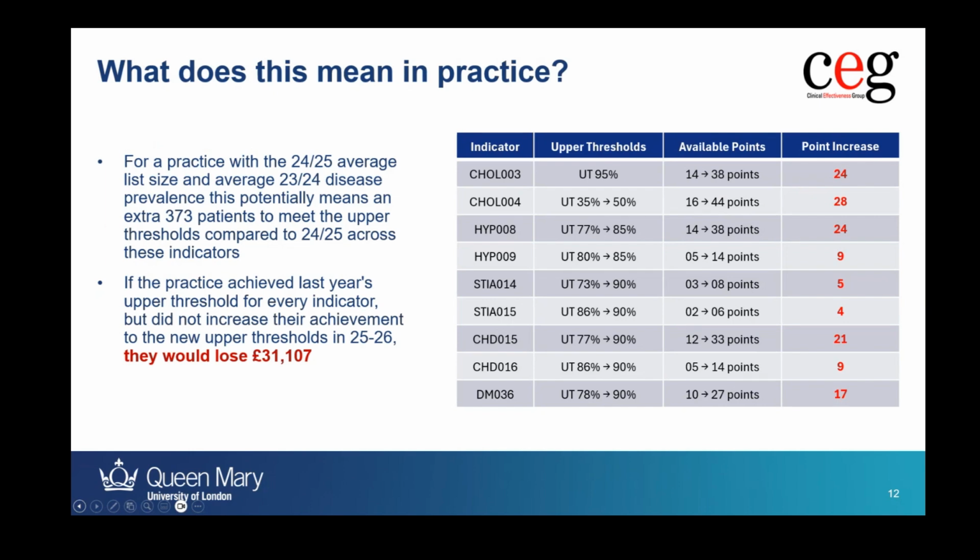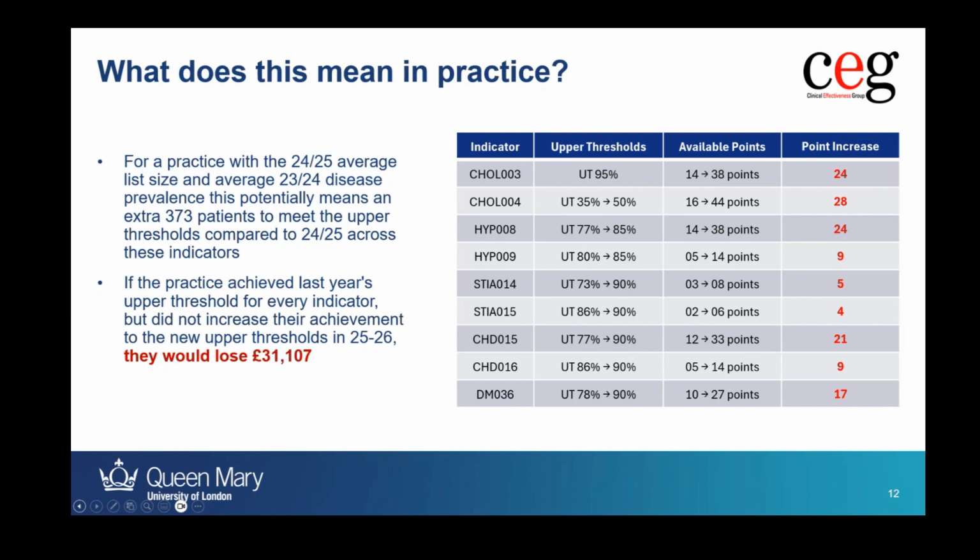Putting that into context, what this actually means financially for practices is quite significant. We've calculated that for an average practice, with the average list size in 24 and 25, and the average disease prevalence across years 23 to 24, this would potentially mean an extra 373 patients that you need to meet the upper thresholds compared to 24 and 25 across these indicators. Now, it won't quite be 373 because some patients will fall into a couple of these indicators, if they are on the hypertension register and the coronary heart disease register, for example.